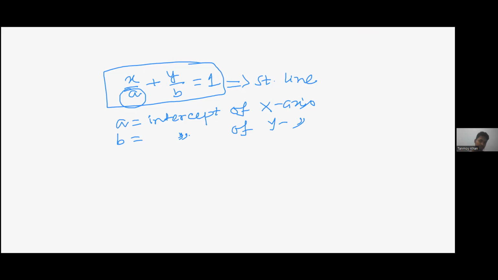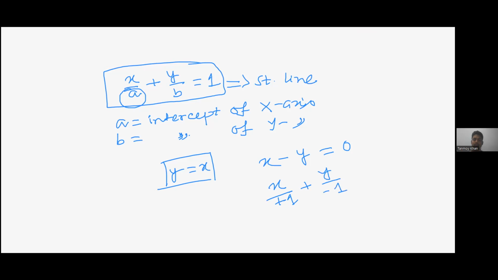Now let's say y is equal to x. If you write it like this, y is equal to x, that means you can write it like x minus y is equal to 0. Okay, that time there is no 1. But if you write it like this, x by plus 1 plus y by minus 1 is equal to 0, right?